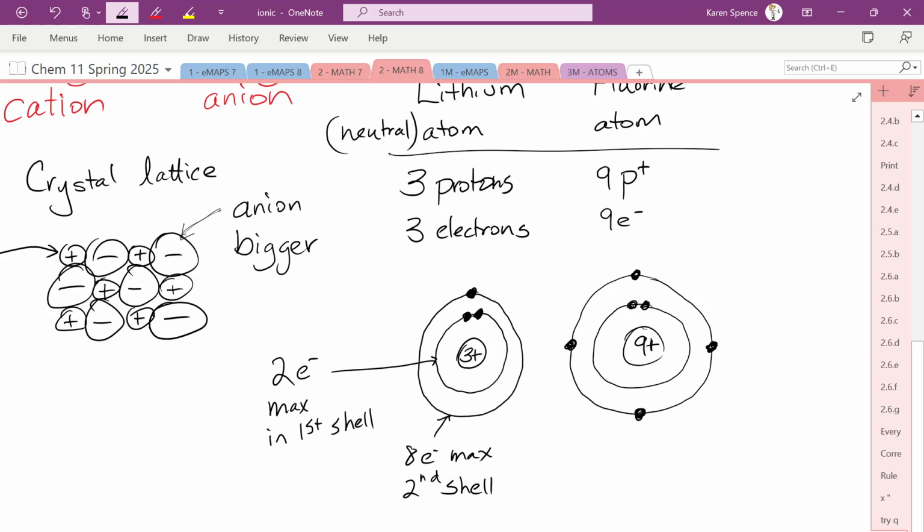That puts those electrons as far from one another as possible. Why do they want to be as far from one another as possible? What does negative do to negative? Repels. So, do electrons want to be close to each other? Not if they can help it.